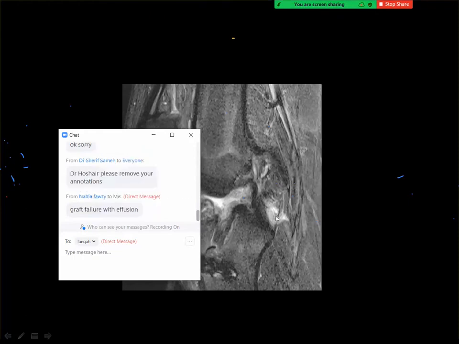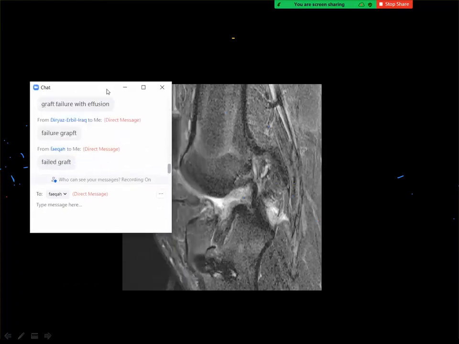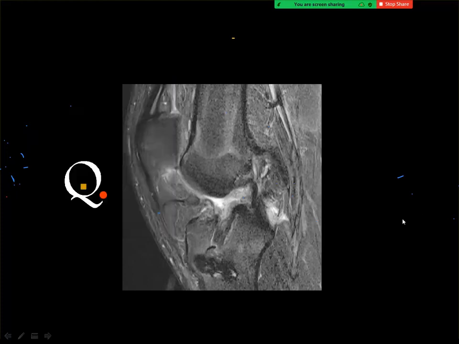Okay, this is graft failure, failed graft. Yes, this is right. The graft is failed because in this image you cannot see intact fibers along the course of the graft, and you see some fluid inside the joint, and this is an indication of graft failure, whatever the duration between imaging and the surgery.